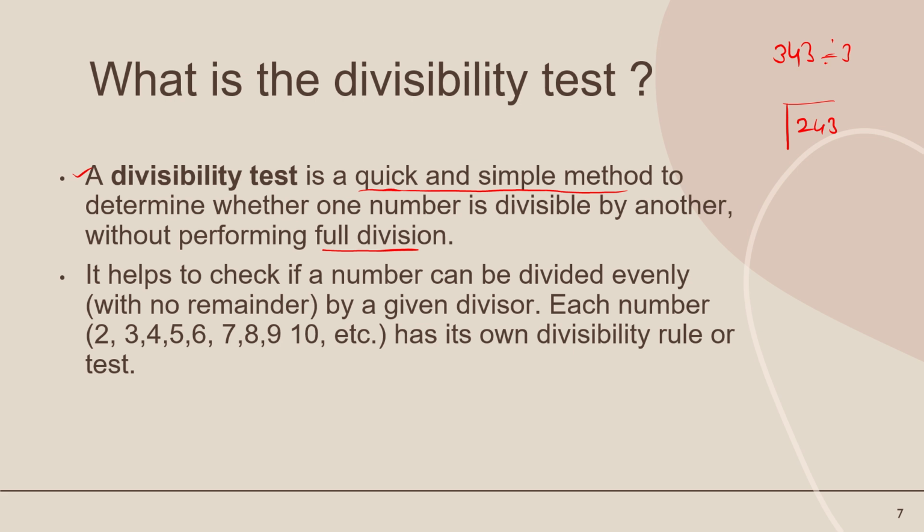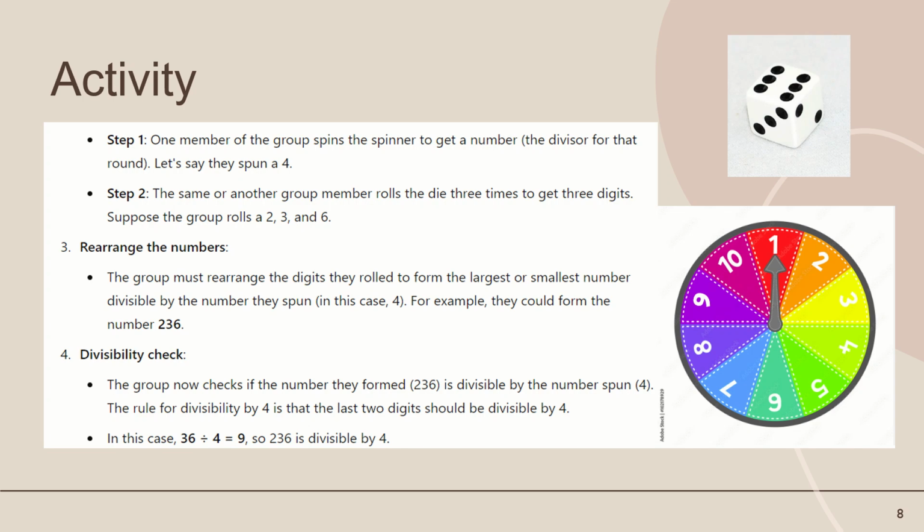By divisibility rules you can easily find whether a number is divisible by another number or not. It helps to check whether the number can be divided evenly by a given divisor. So within a minute we can find whether one number is divisible by another. I will explain this more with some examples.